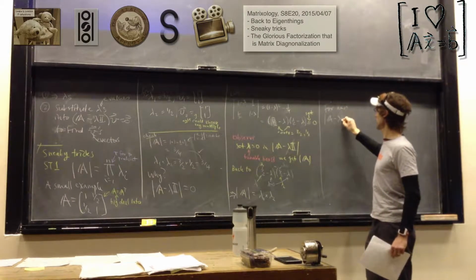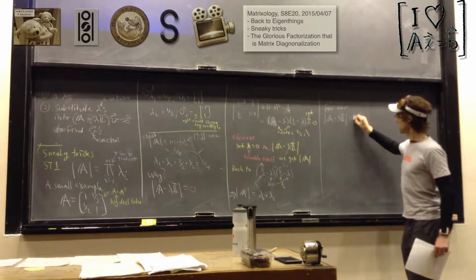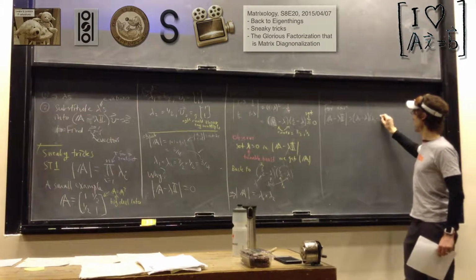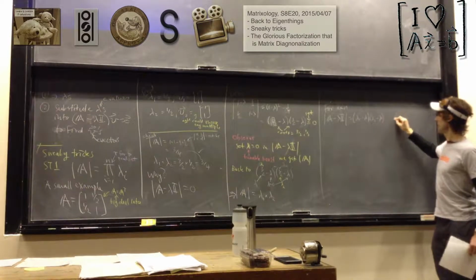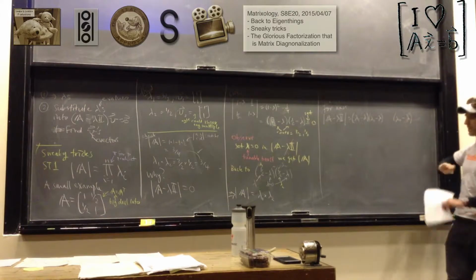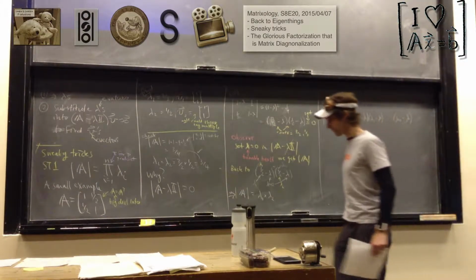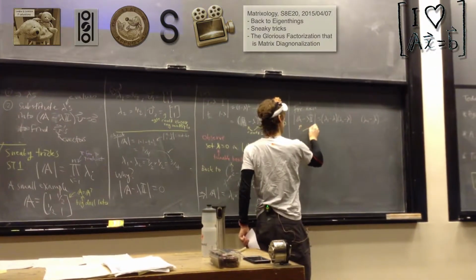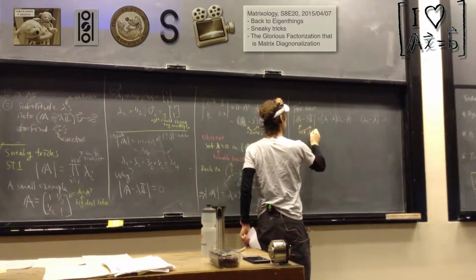When we solve this thing, we'll get lambda 1 minus lambda, lambda 2 minus lambda, out to lambda n minus lambda. And we're not setting it equal to 0. And again, set lambda equal to 0.